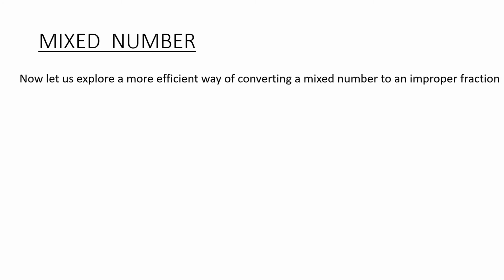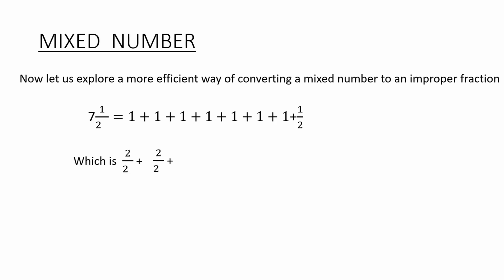Now, this way is not very convenient and can be time consuming. So let us look at an example. 7 and a half. It will be broken up into 7 ones plus a half. And the same process we go through, the 7 unit fractions of 2 over 2 added to a half.